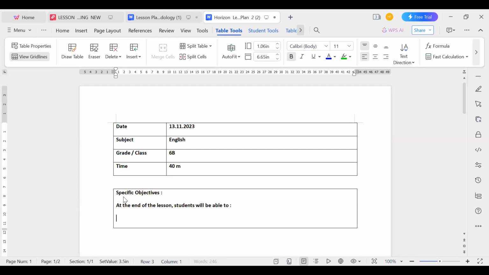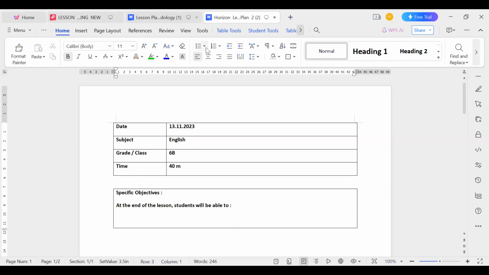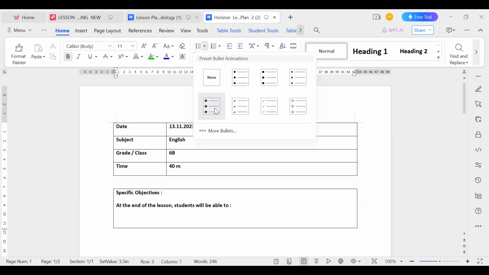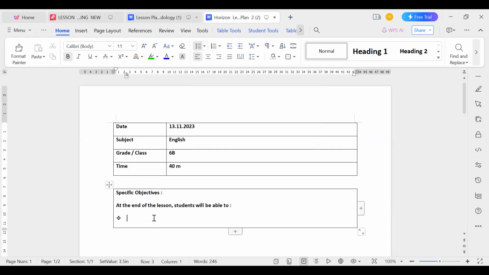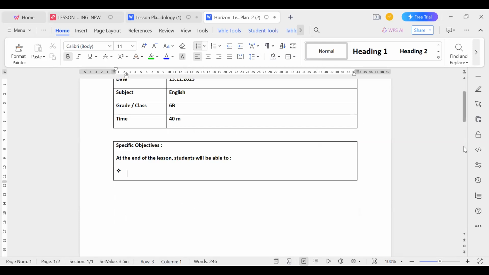There will be several, so we are going to put some bullets and then go on writing. So what is the lesson all about? This is actually a writing lesson.